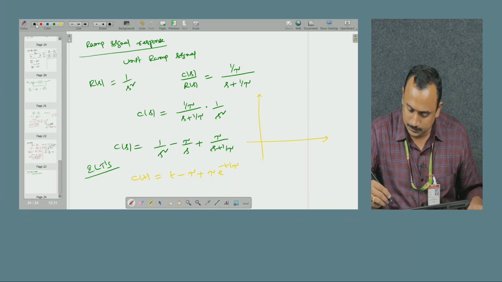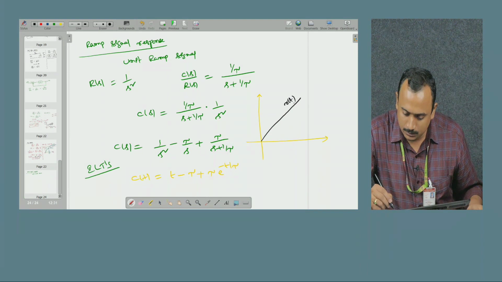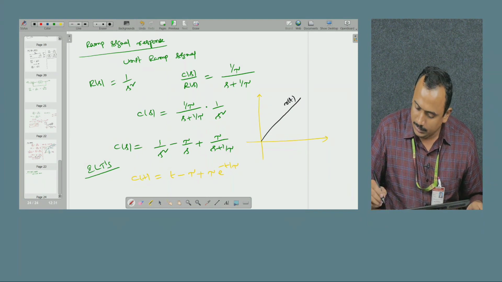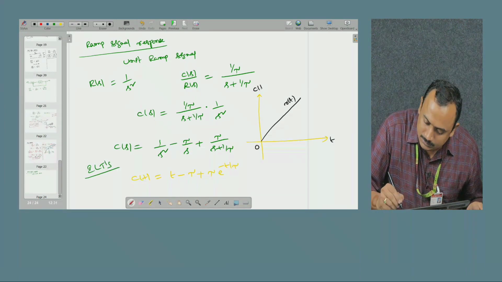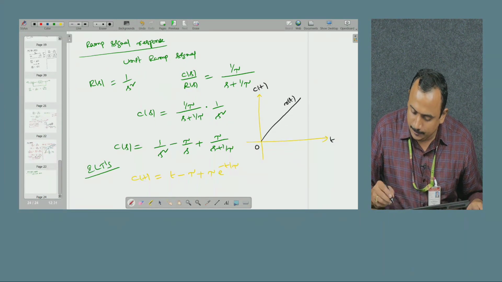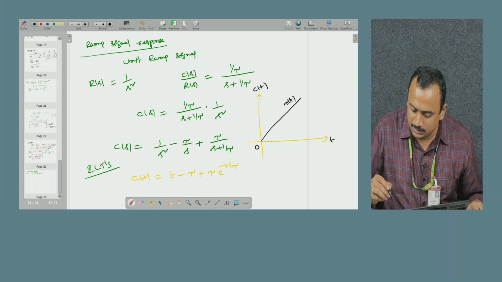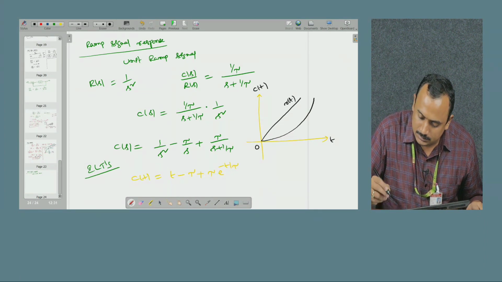This is your ramp signal R of t, okay, and if I find the values of C of t at different values of t, at t is equal to 0, it is something like exponentially increasing like this.